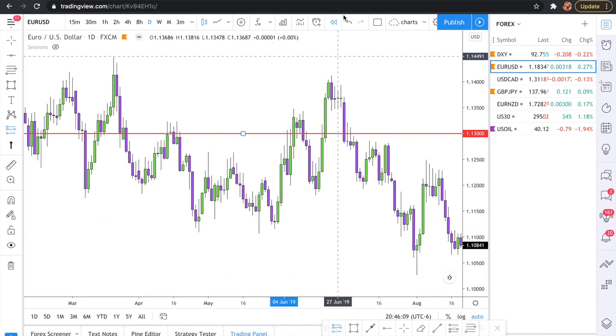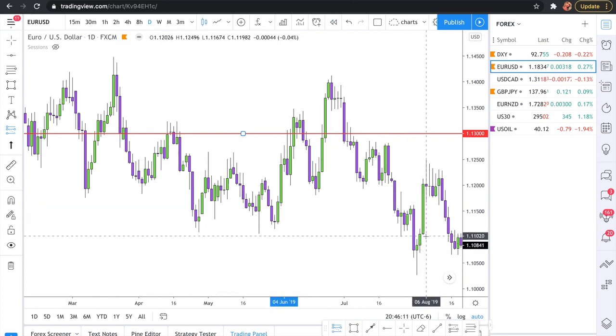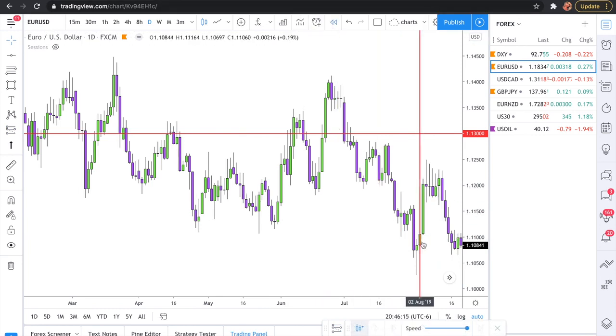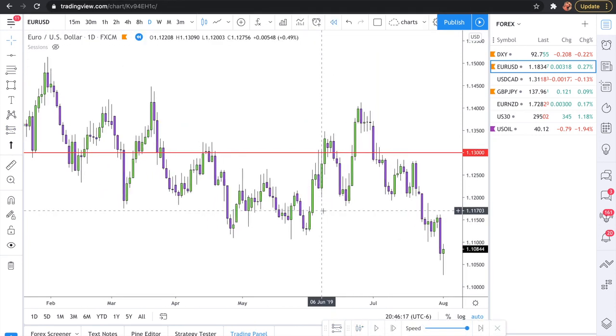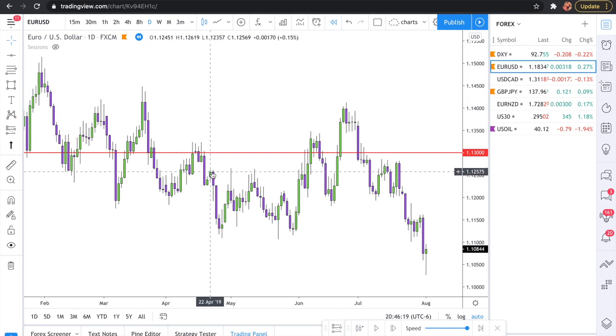Let me back it up to here. Okay. So on the daily time frame, we have a low here, we have a high here. I'm just going to start marking up the points, and then you're going to see my whole point to it.